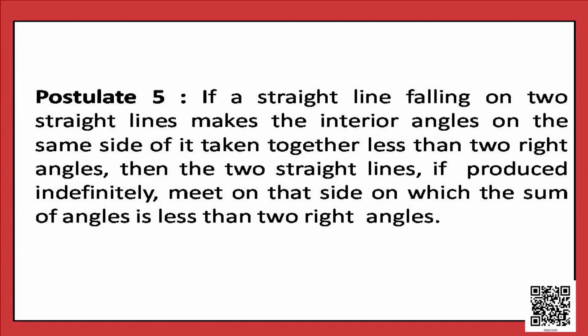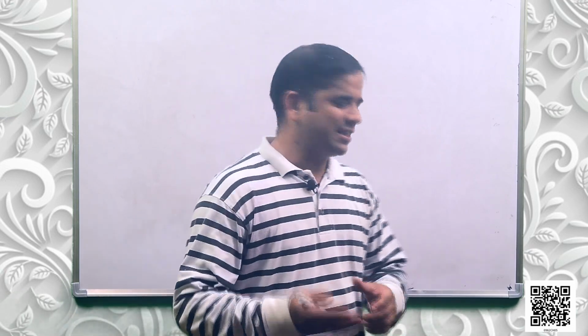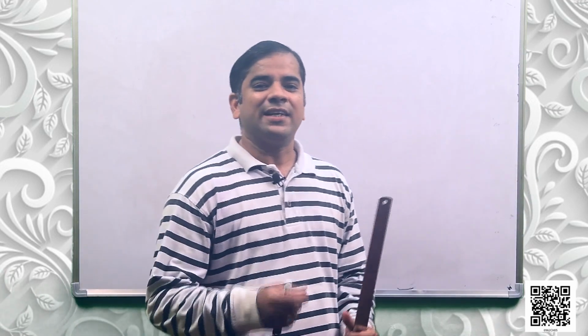It says if a straight line falling on two straight lines makes the interior angles on the same side of it taken together less than two right angles, then the two straight lines, if produced indefinitely, meet on that side on which the sum of angles is less than two right angles. Isn't it a bit critical? Let's simplify it, so that we can come to another statement which is the same as postulate 5.